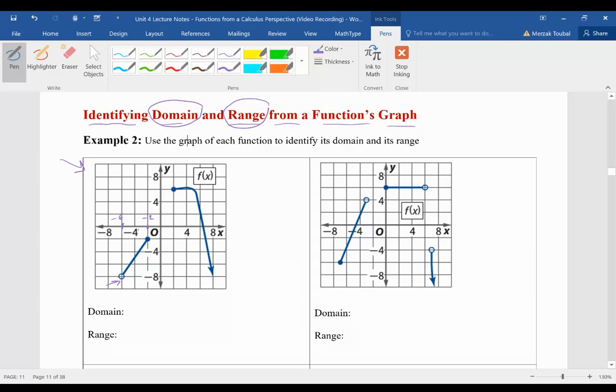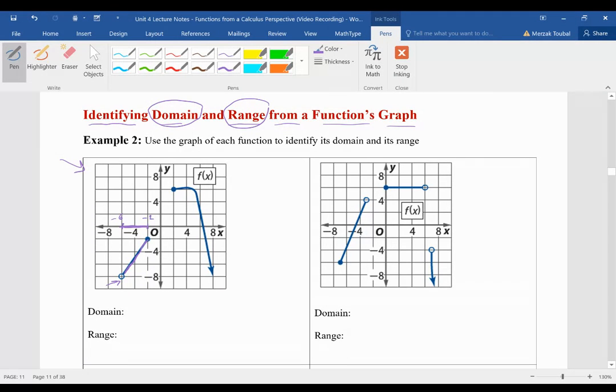So since the domain includes all the x values on the graph, we're going to include every single number between -6 and -2, because the segment extends from -6 to -2, of course excluding -6 and including -2.